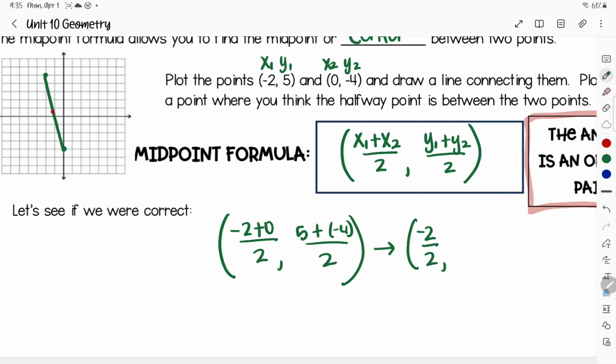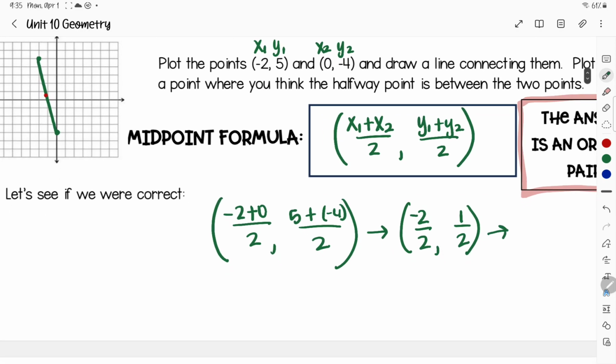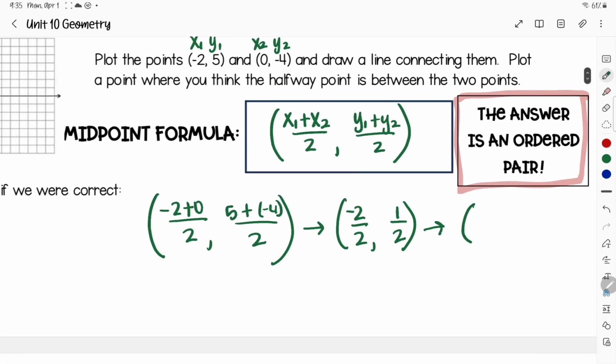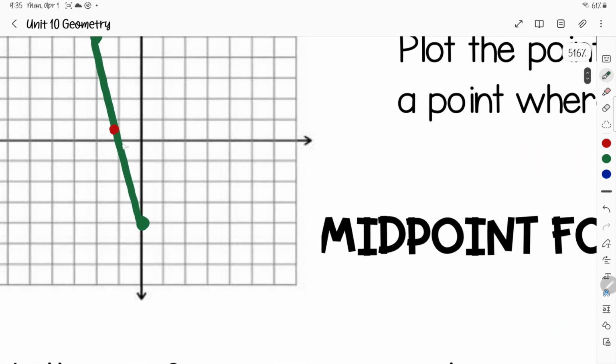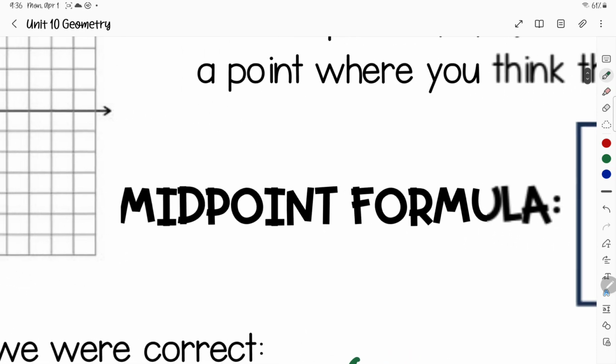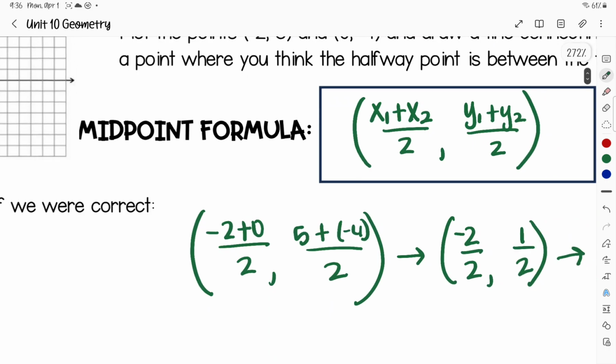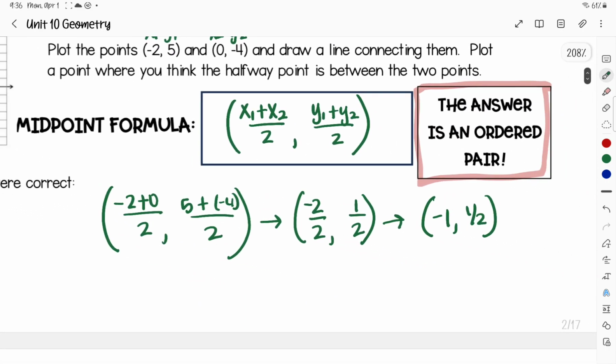And 5 plus negative 4 is 1 over 2. And then to simplify that even more, it would be negative 1 and then 1/2. So that would be the midpoint. So negative 1, 1/2. Oh, actually, I'm really close, huh? Look at me go. Woohoo. Okay. But now we know exactly what it is. We don't have to guess.